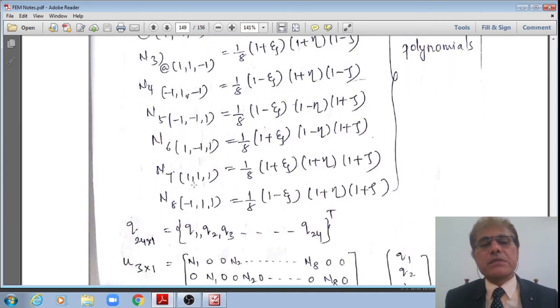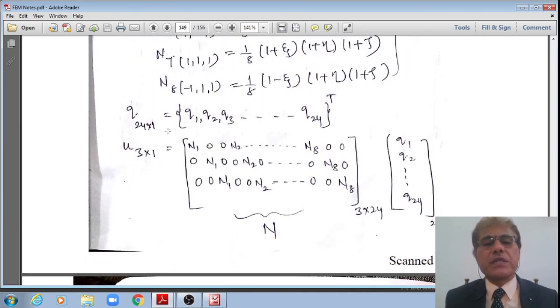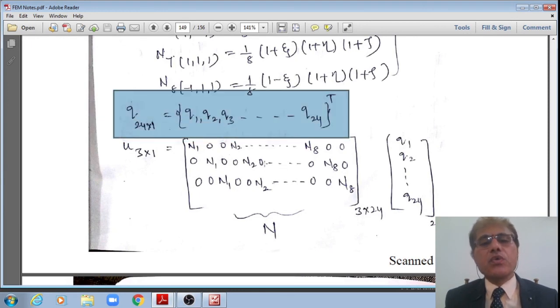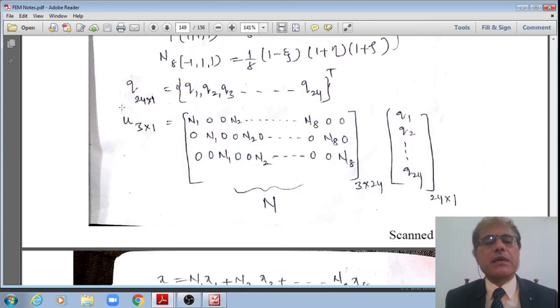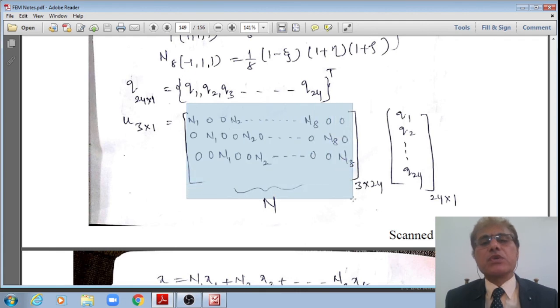Once we write these cubic shape functions, I have the degrees of freedom, a 24 by 1 vector q1, q2, q3 up to q24, and now I can write the displacement, which is a 3 by 1 vector, as u is equal to N multiplied by q, where N is N1 0 0, N2 0 0, up to N8 0 0.